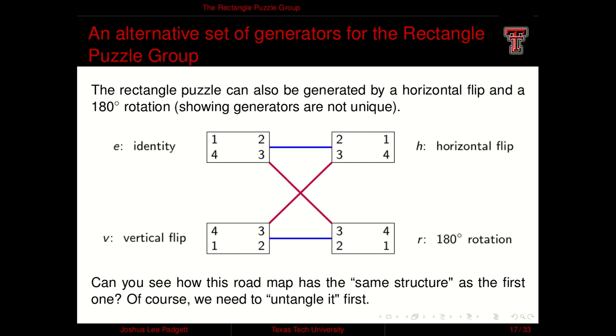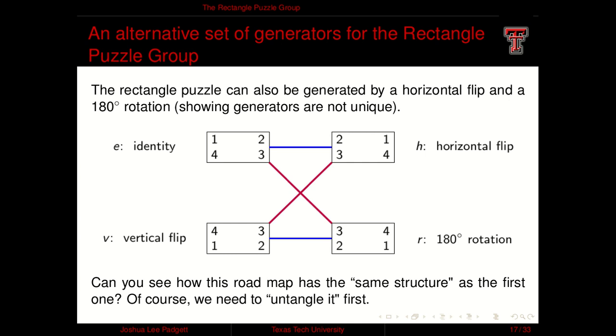And so what I'm saying is, is this object in some way similar to the previous object? And the answer is yes, it is. And of course, what this means is somehow these groups, even though they're generated by 2 different generators, are in fact equivalent. And this is going to be something that later on we'll call an isomorphism.